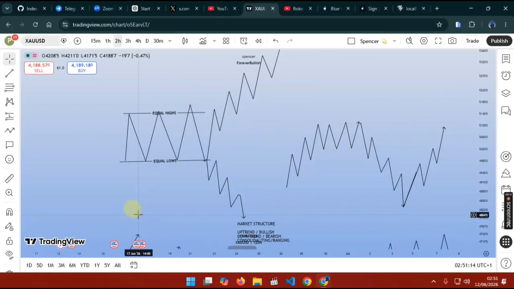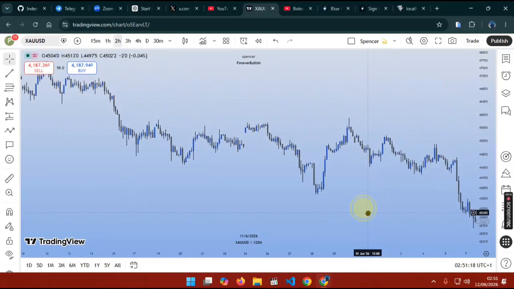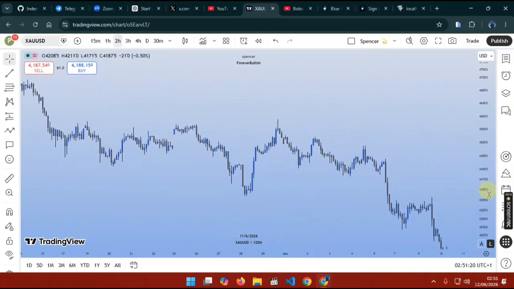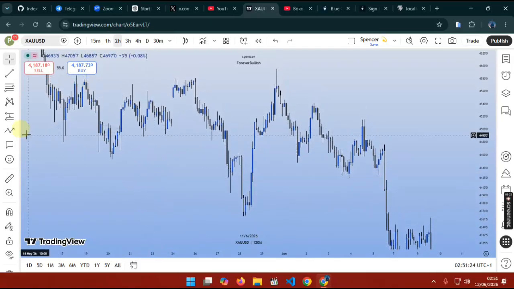So let me show you a chart example for more clarification. This is our chart here now. You can basically spot your downtrend market here.